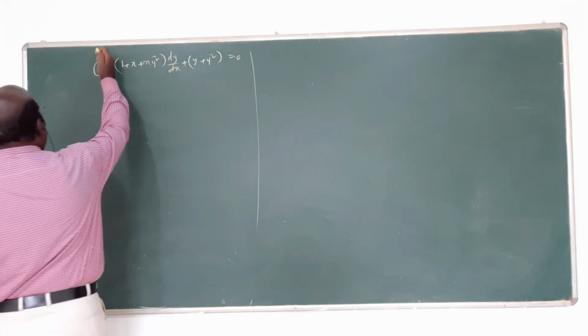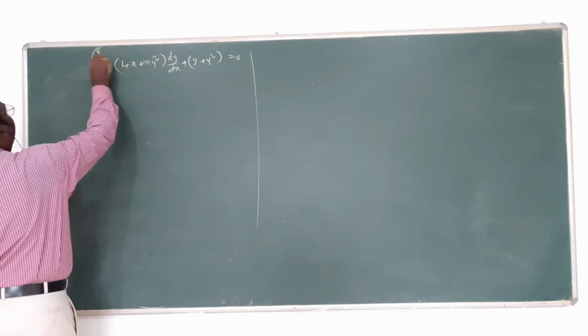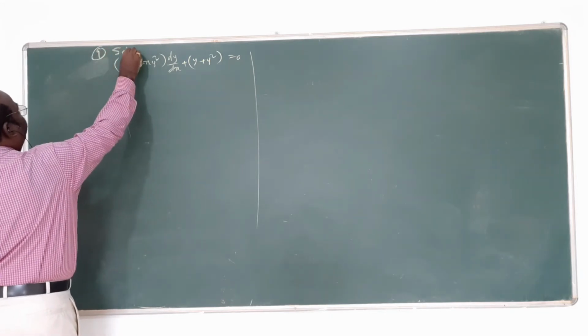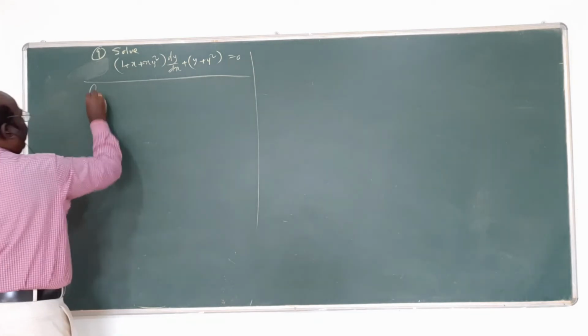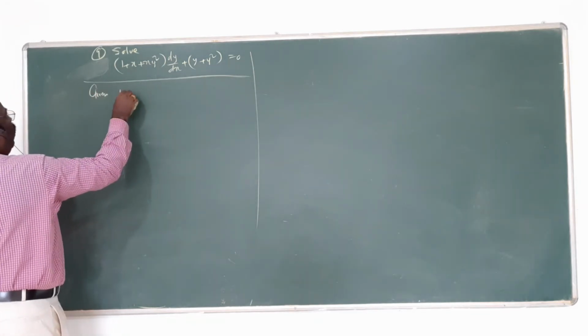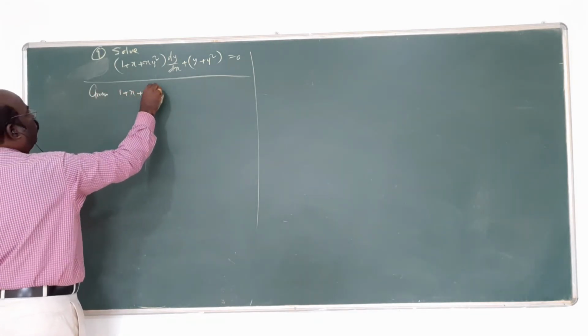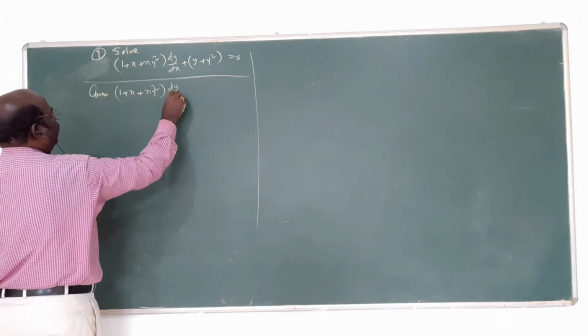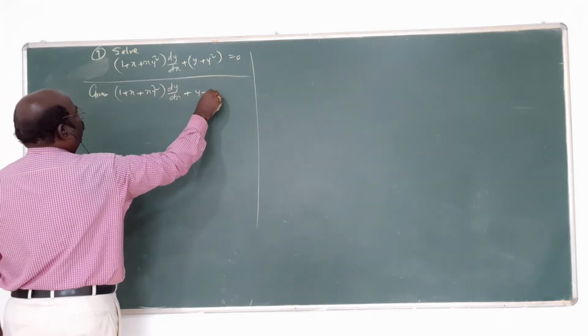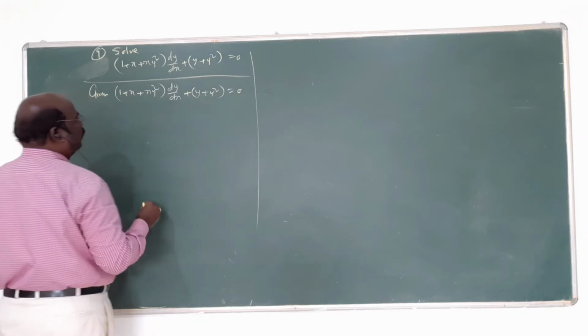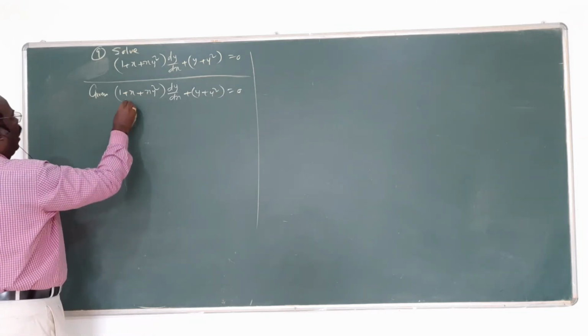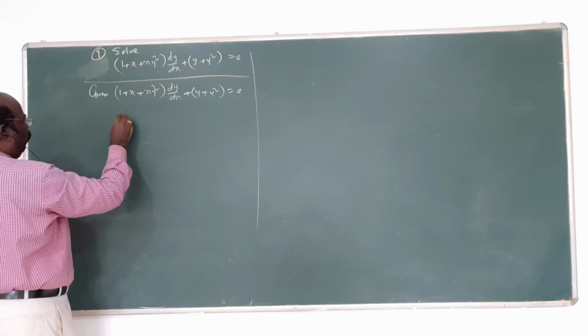This is a question, question 9. Solve. Okay? What is given? 1 plus x y square into dy by dx plus y square into dx. Am I right? Now arrange out of these two terms. What shall we write?